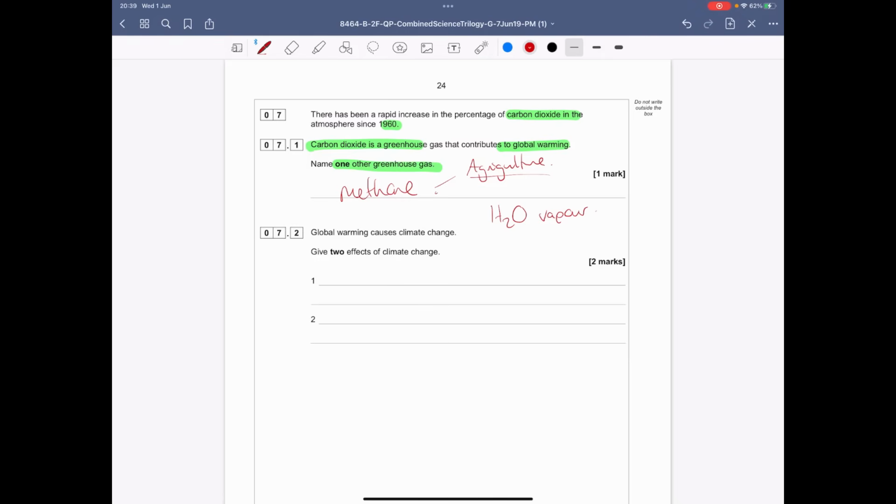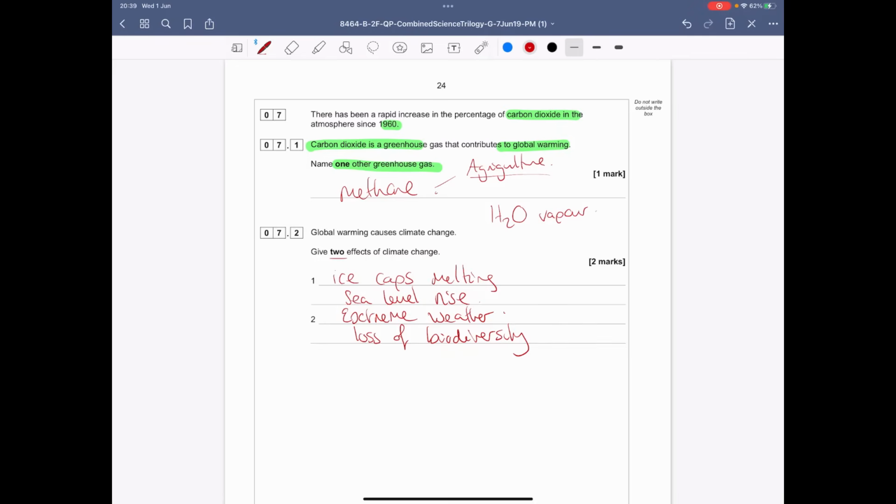7.2. Global warming causes climate change. You have to give 2 effects of climate change. It hasn't limited you on anything here, so you can say the obvious ones: ice caps melting, sea level rise, extreme weather, and you could also say loss of biodiversity or destruction of habitats, etc. So there's loads of different effects of climate change.